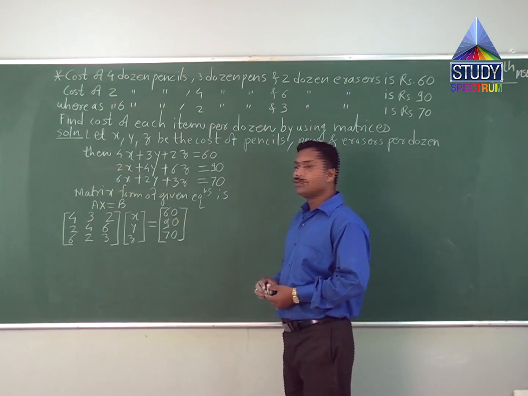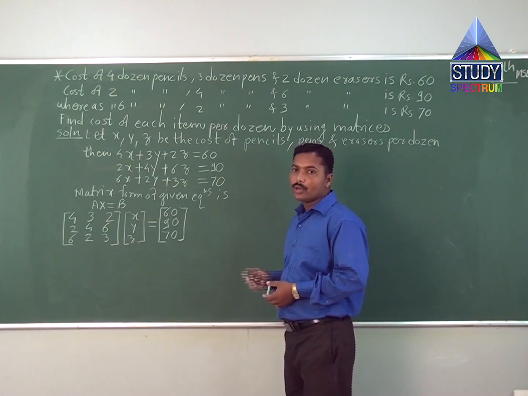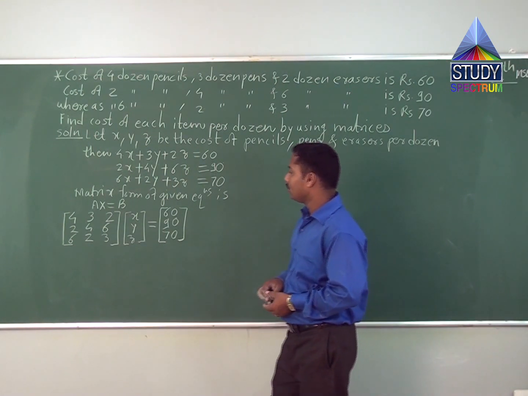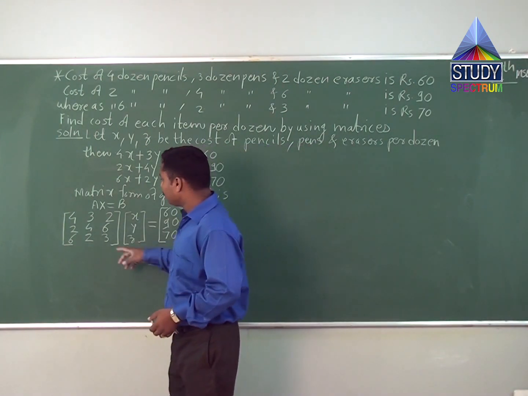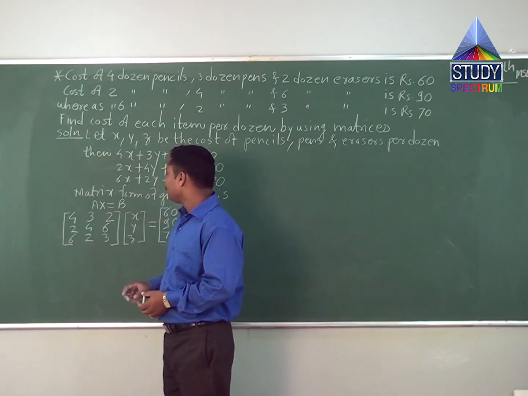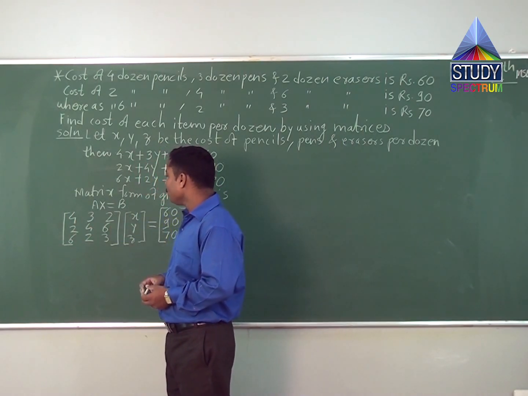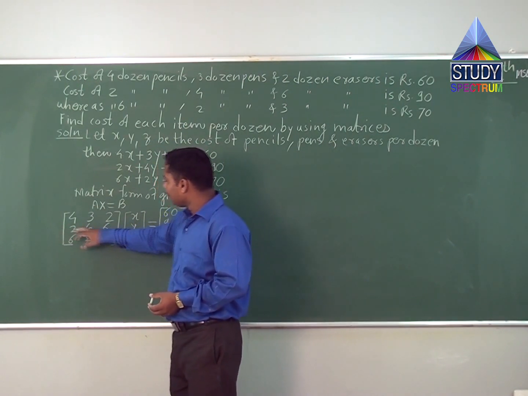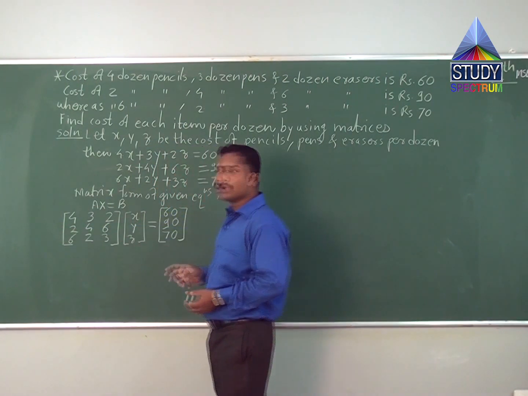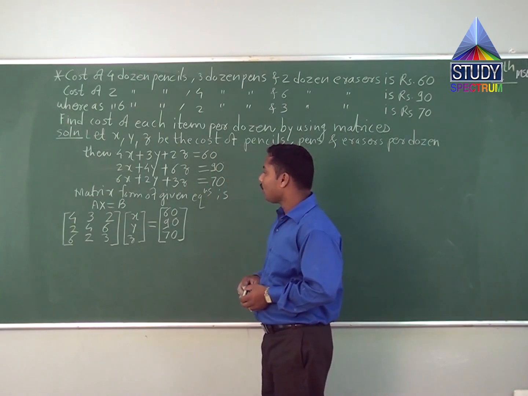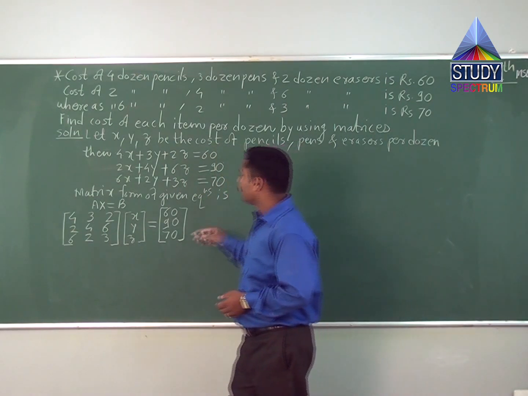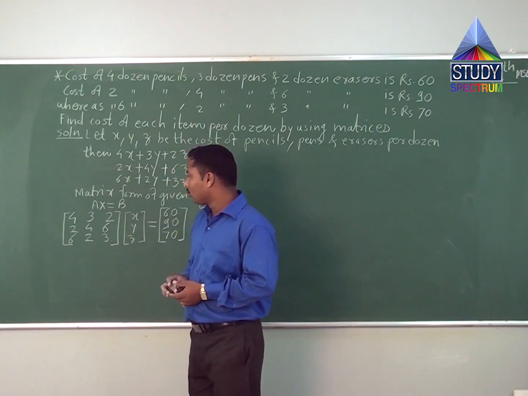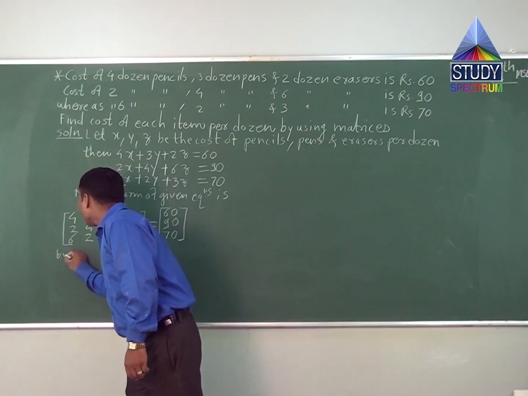So we use a simple idea by using the reduction method. Here we want 1, but this is not possible. So we use this 2, 4, 6. If we divide this second row by 2, then what happens?